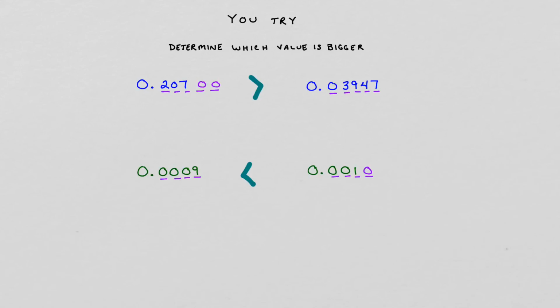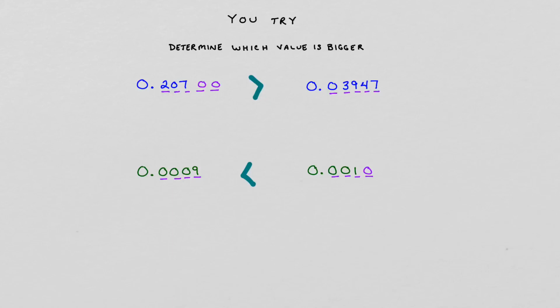Using a similar approach as before, making sure that both values have the same number of decimal places available, we are able to answer our solution. In question 1, we are going to make it so that both decimal values have 5 digits after the decimal point. This gives us 20,700 hundred thousandths compared to 3,947 hundred thousandths.